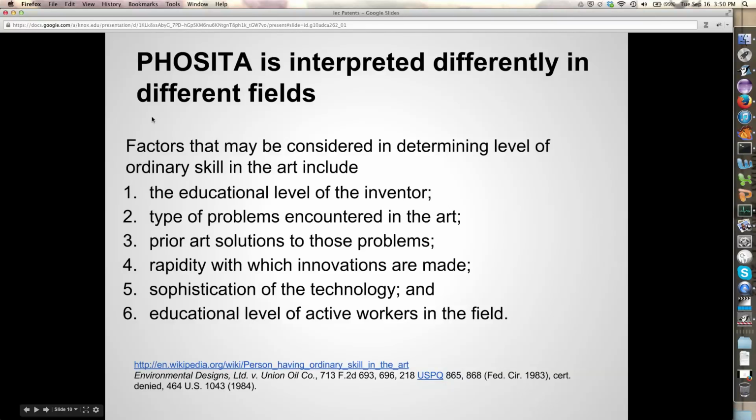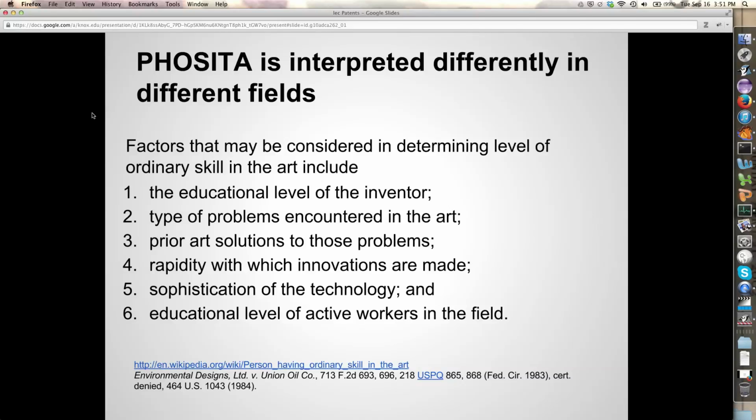So the factors that the courts may consider in determining what is ordinary skill in the art include the education level of the inventor, the type of problems that are encountered, the prior art solutions, the rapidity with which innovations are made, the educational level of active workers, and so on. So this is really important when you're talking about things like pharmaceutical research, which typically requires a PhD in chemistry.